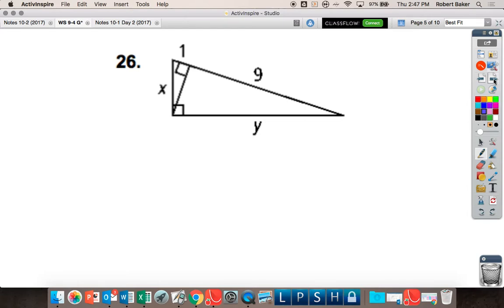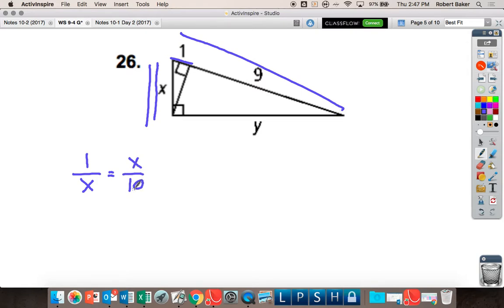So watch. We go this piece over this piece is equal to X over the whole thing. Did that hit for anybody?